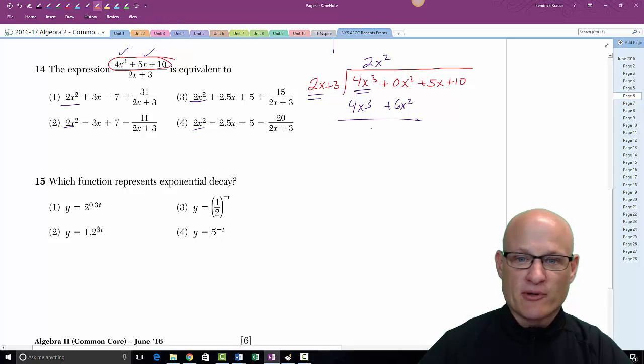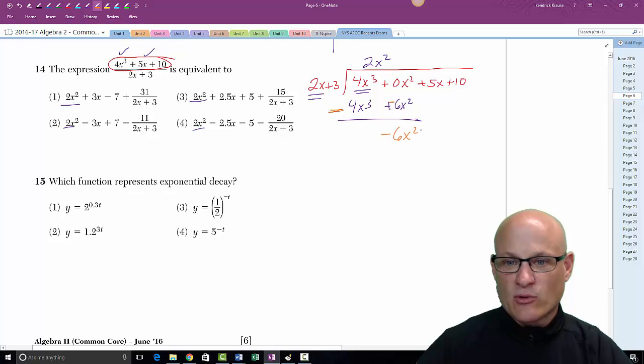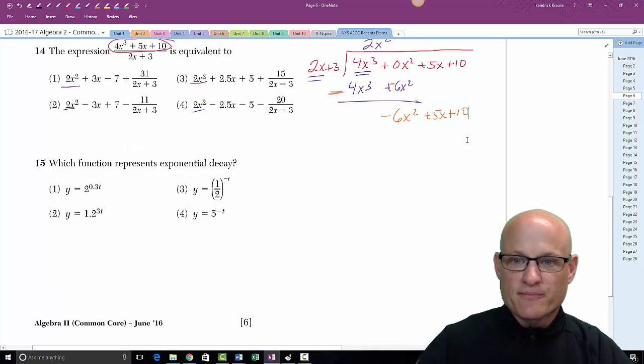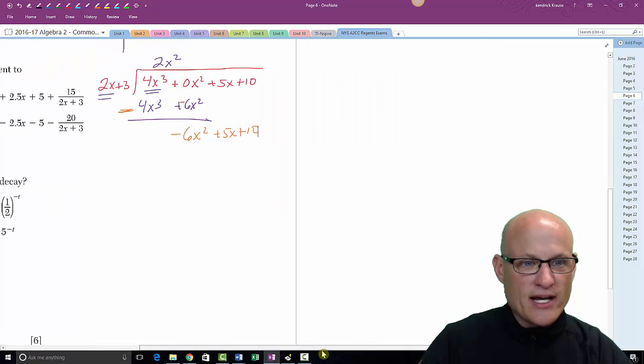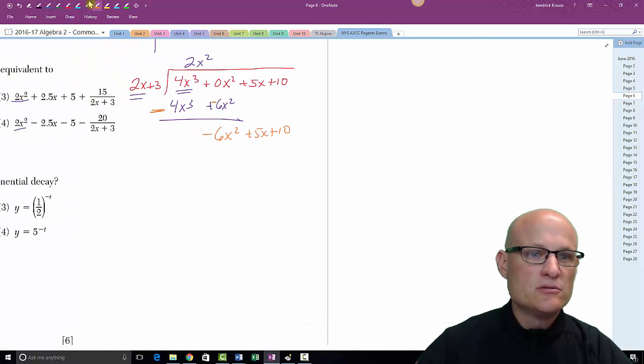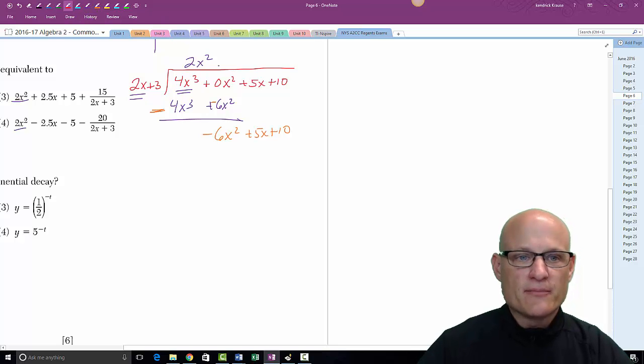So now I've got to remember to subtract. So I get negative 6x squared plus 5x plus 10. Now, what do I have to multiply 2x by to get negative 6x squared?